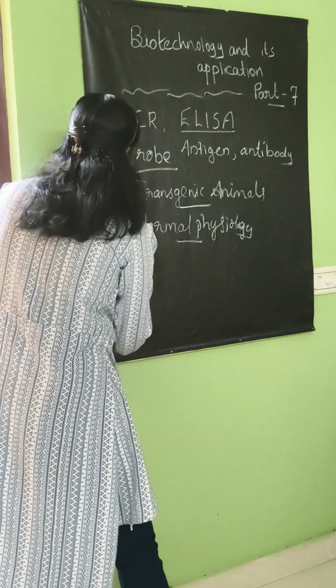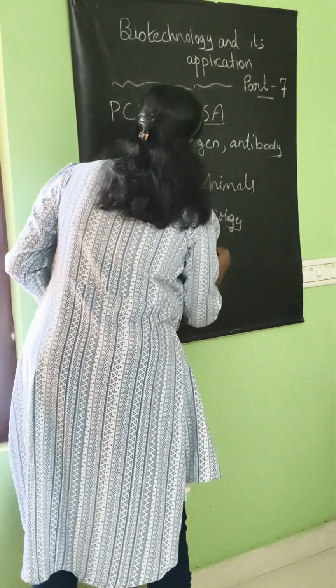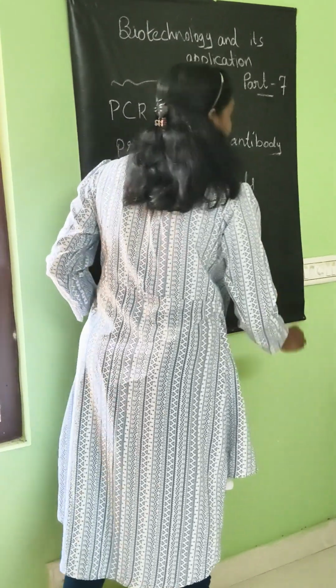The second purpose is study of disease. Transgenic animals can be used to study certain diseases. Some genes are responsible for some diseases. If we find a particular gene responsible for a particular disease, then it is very easy to go for treatment and prevention of the disease.